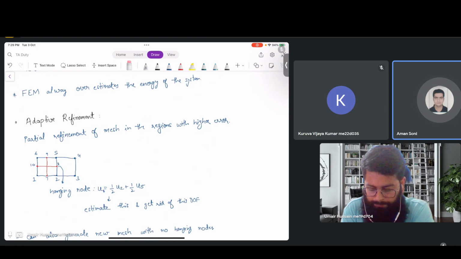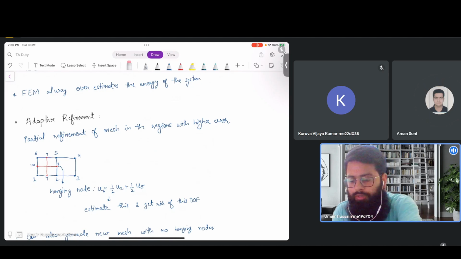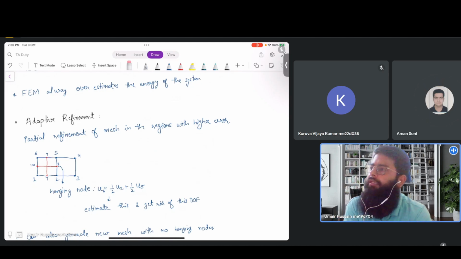But if we refine the mesh at those particular contact areas, then the chances of the solution converging are high.